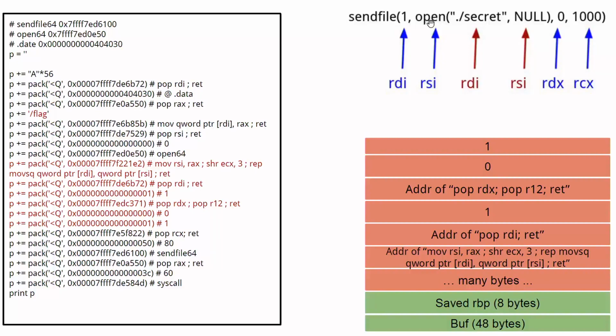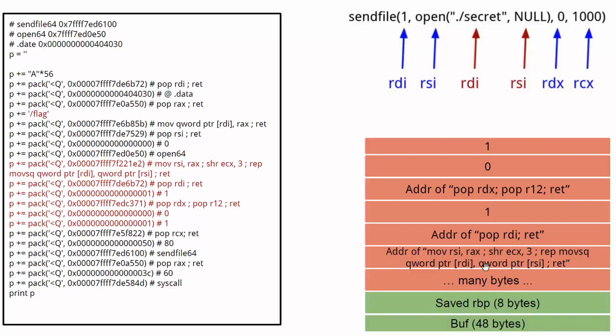So when we do this open, we will get file descriptor 3. To make it easier, we don't have to use that return value, we hard code 3 there. Then we need to set RDI as 1, RDX as 0, RCX as 1000. So we look for those gadgets.